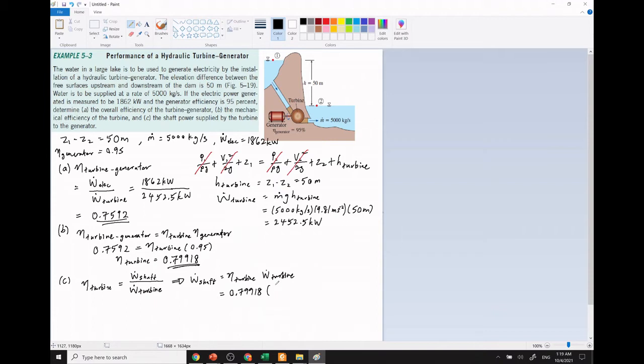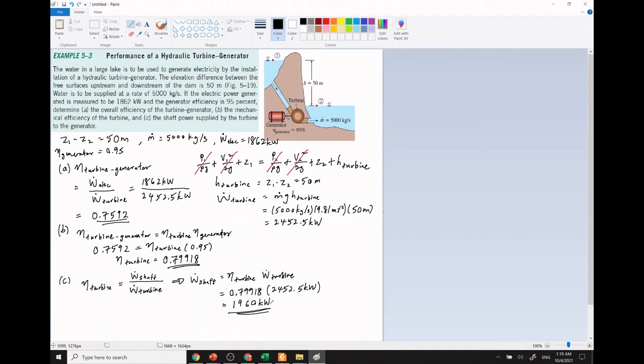The power of the turbine is 2452.5 kilowatt, right, which would give us 191960 kilowatt.